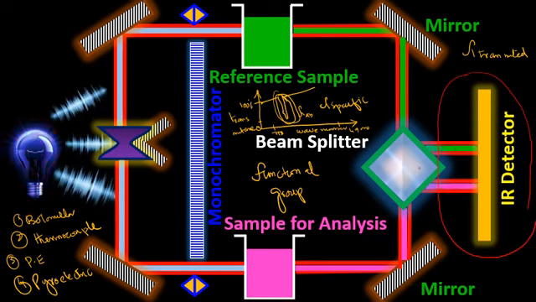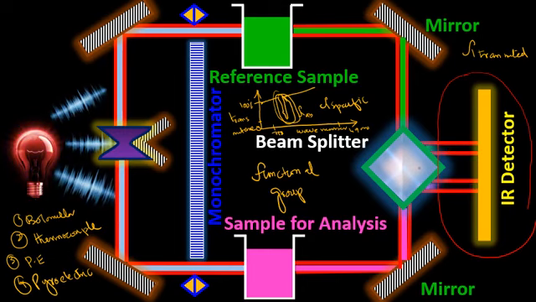So now let us conclude the infrared spectroscope in simple words. The infrared spectroscope device consists of three regions. The first region is known as the infrared radiation source region, the second is the sample holding region, and the third is the detection region.